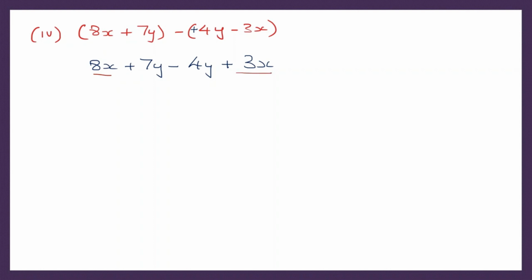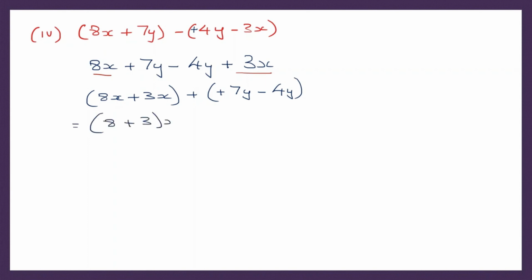So that becomes 8x plus 3x, so we put the x together, plus, let's put the y's together, plus 7y minus 4y. So this becomes 8 plus 3x plus 7 minus 4y.